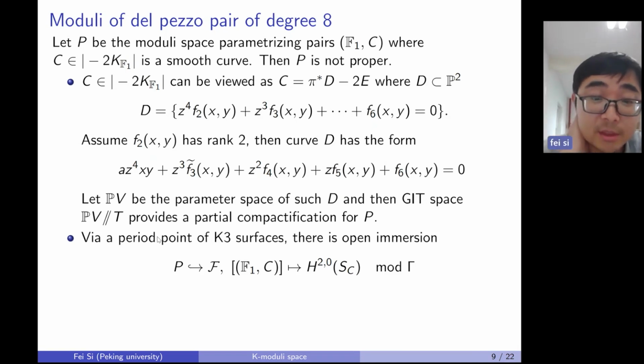Actually, you can also use the double covering construction to give a period point for these pairs. According to the global Torelli theorem, you will get an open immersion. So P will be an open subset in the locally symmetric variety we introduced in the last slide. So this space also has Baily-Borel compactifications.